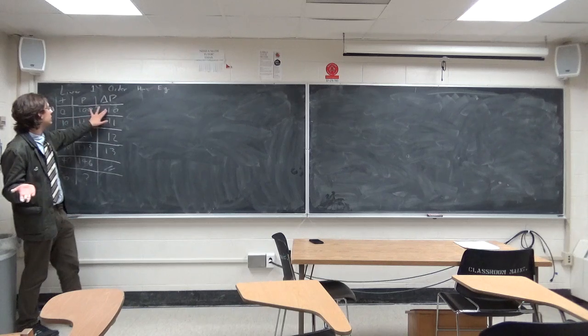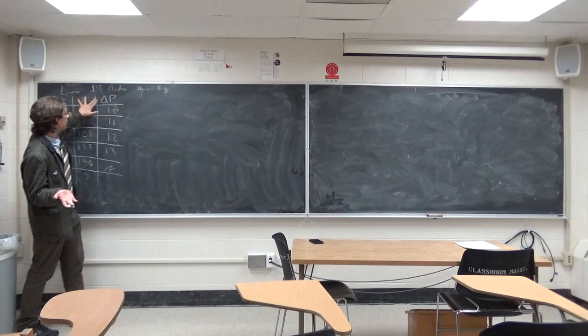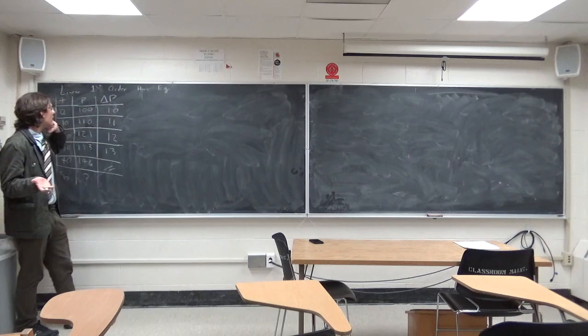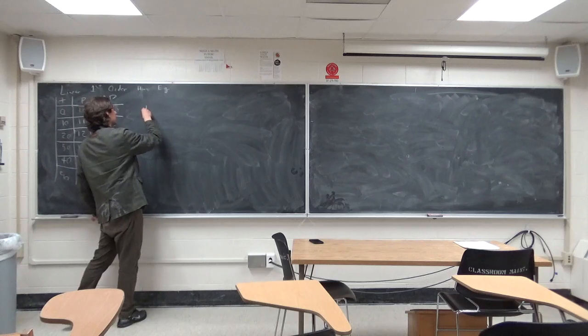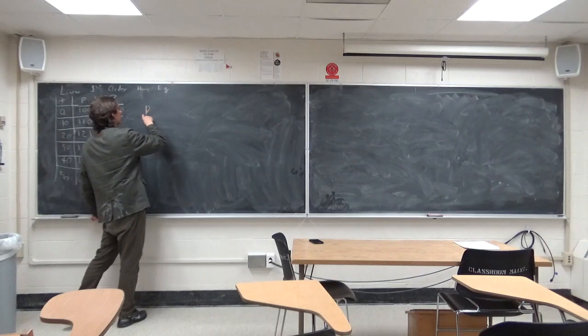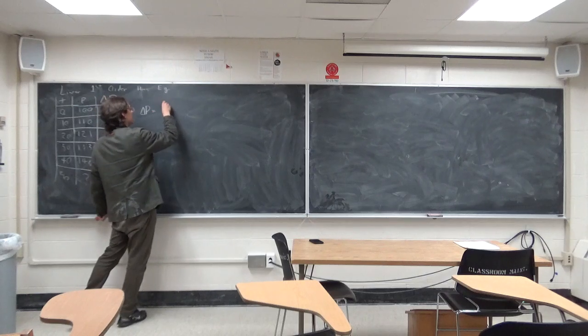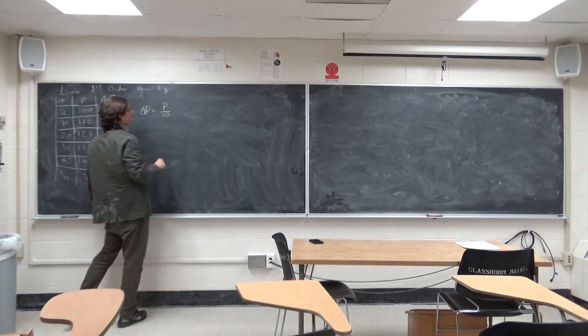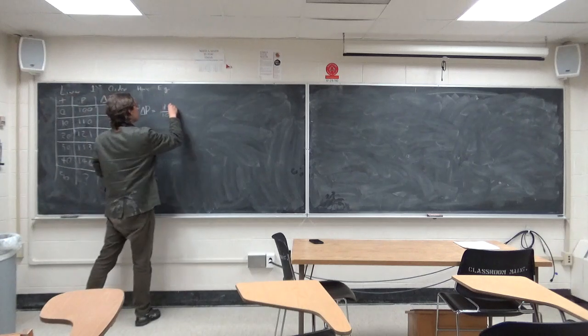Another way of describing this is the relation between the population and the change in the population. I can represent that easily: the change in P is equal to P over 10.